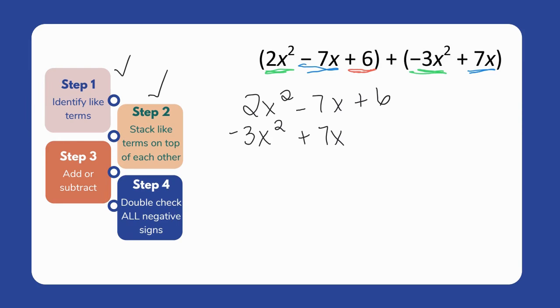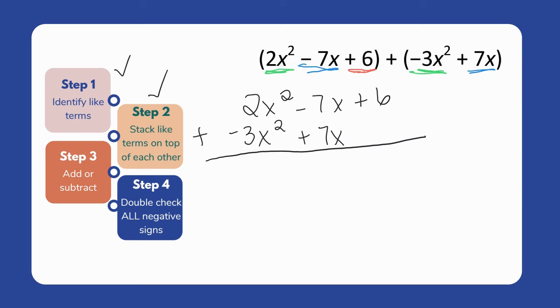Now we're ready to add because the problem says add. So I'm going to make this like a big addition problem, and I'm going to add together my like terms. Now, when we have been adding variable terms all year, we know that we don't do anything to our variable, but we add the coefficients that are in front of them.